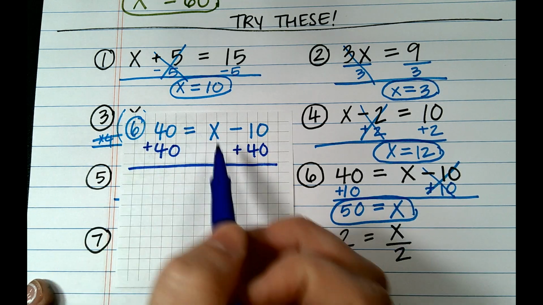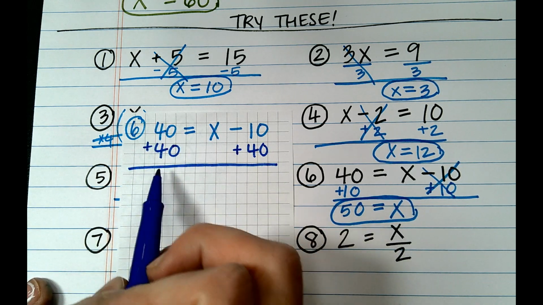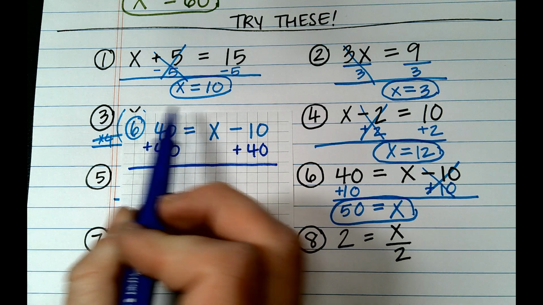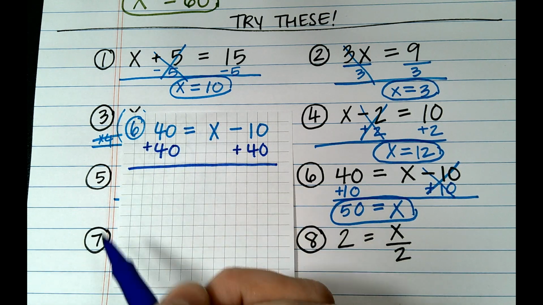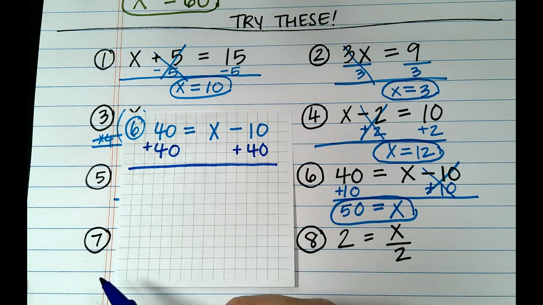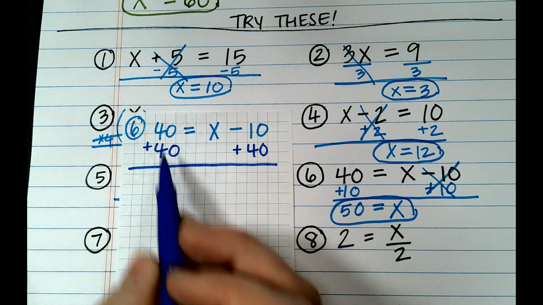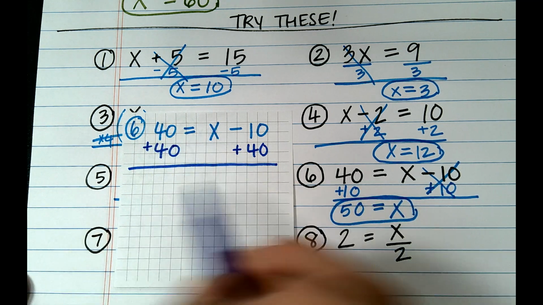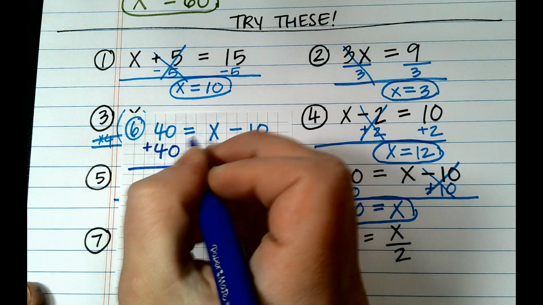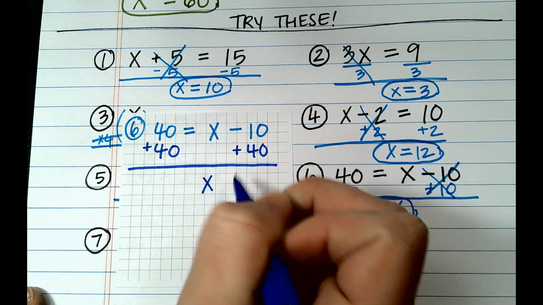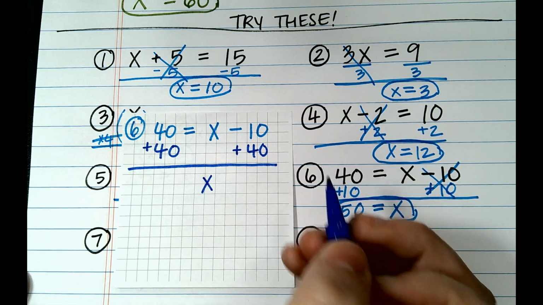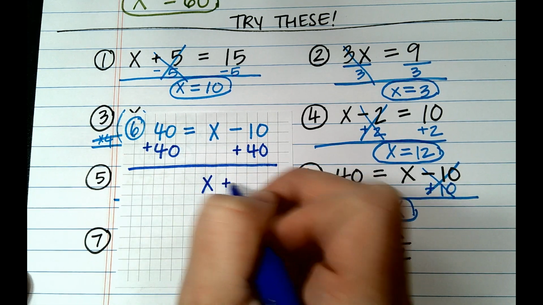When we go down the line, 40 plus 40, is that going to equal 0? Will that cancel out? No. It won't. It's actually going to give us 80. But let's just pretend that we could cancel that. I bring down my X. Negative 10 plus 40 is 50.